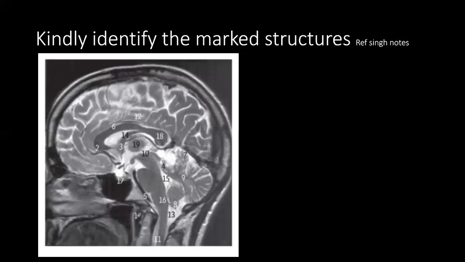I want to know the important structures which come in relation to tentorium cerebelli. On the posterior aspect, it allows the passage of the transverse sinus on both sides, and internal carotid artery, optic chiasma, and cranial nerves 2 and 3 are also in its relations.